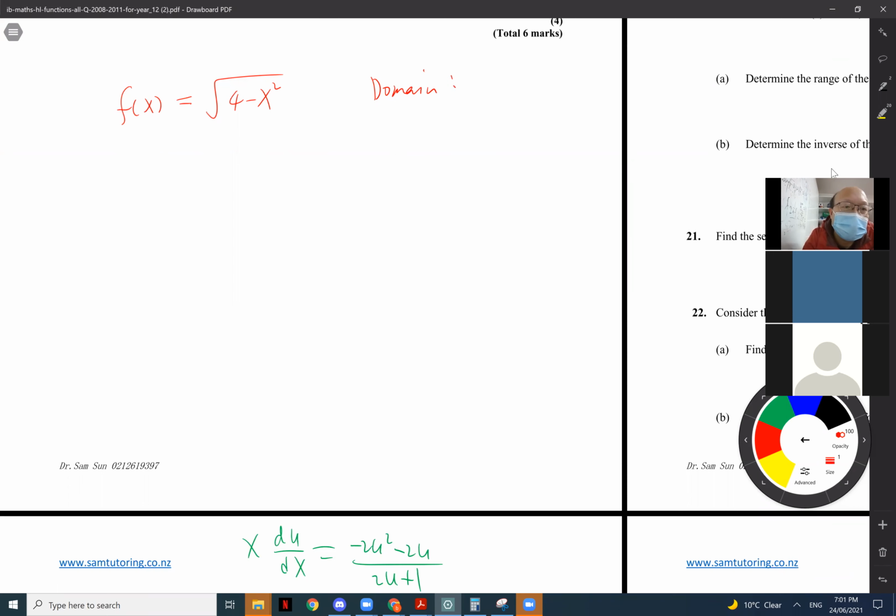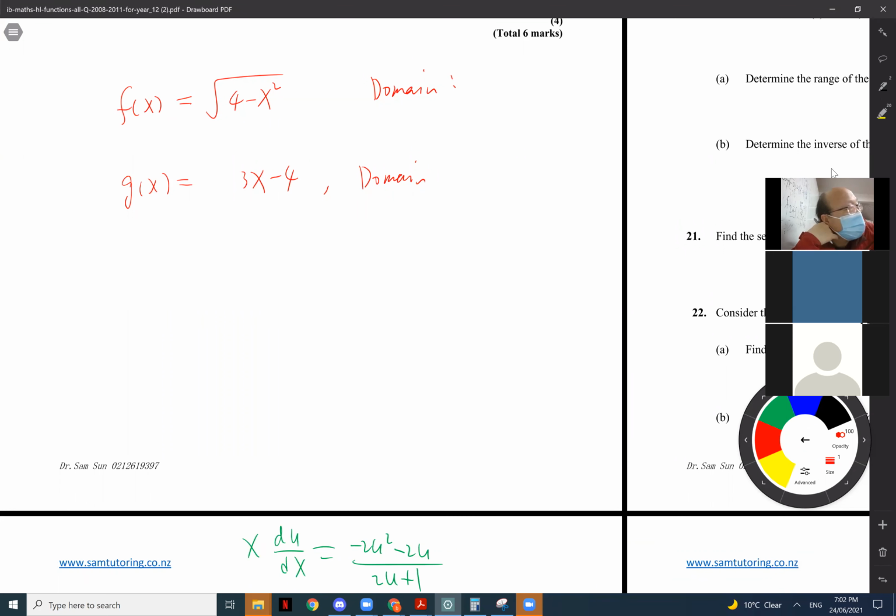Okay, g(x) equals 3x minus 4. This one, I give you the domain.